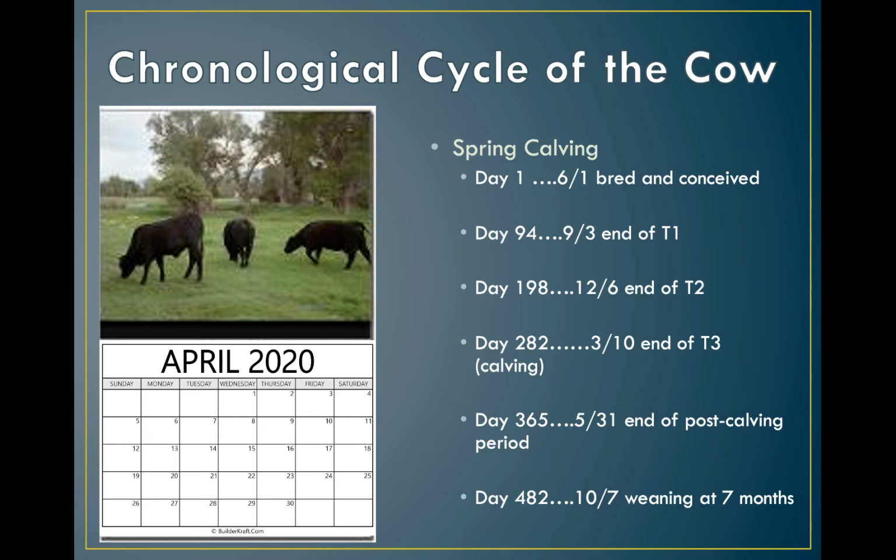And if we think about after that 365 days, on day 482, that would be October 7th, and that's when her calf that was born clear back on day 1 on June 1st would be weaned at 7 months of age. So this calf is roughly associated with this cow for 18 months, either in gestation or at her side. So that's what we are talking about with matching up the animal's biological calendar with the chronological calendar.